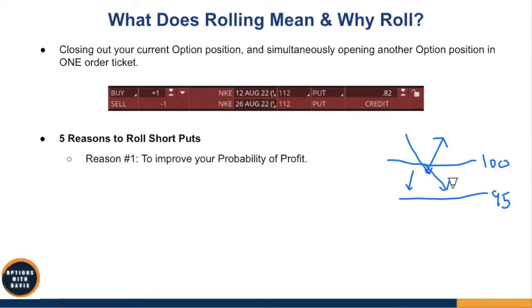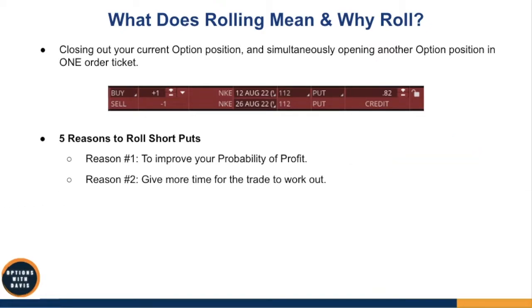So now anything above 95 is a profit for you. So that is why we have a higher probability of profit compared to when we had the short put at 100.